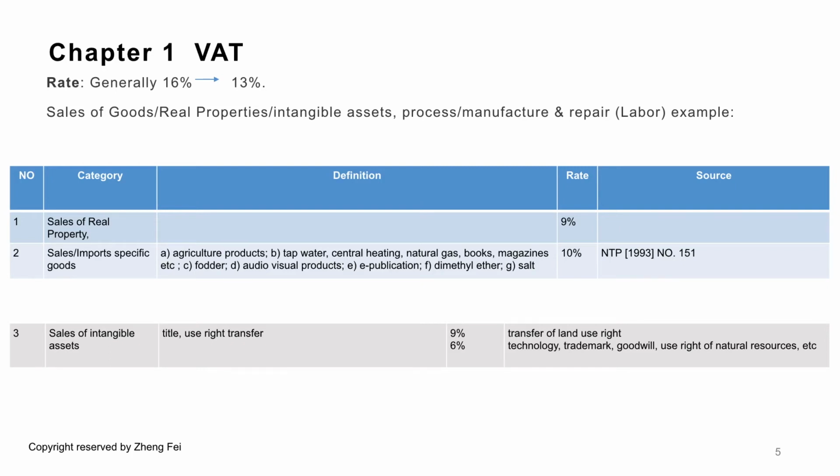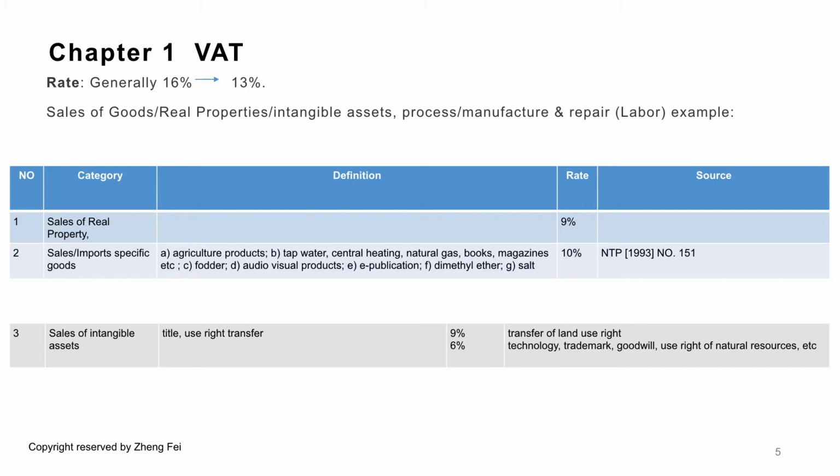And the next group is sale of goods, real properties, intangible assets, processing, manufacture, and repair labor. Generally, the rate is 13% now, and before April 2019, it was 16%, as we mentioned before.